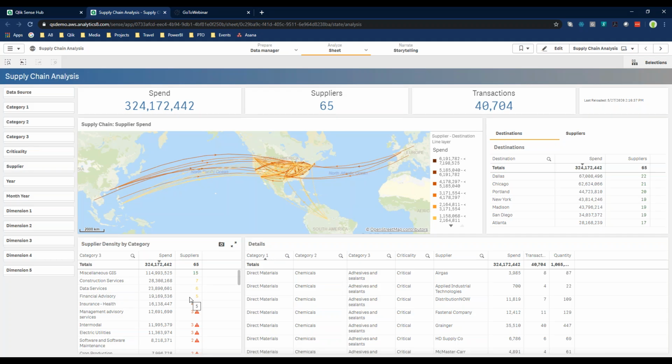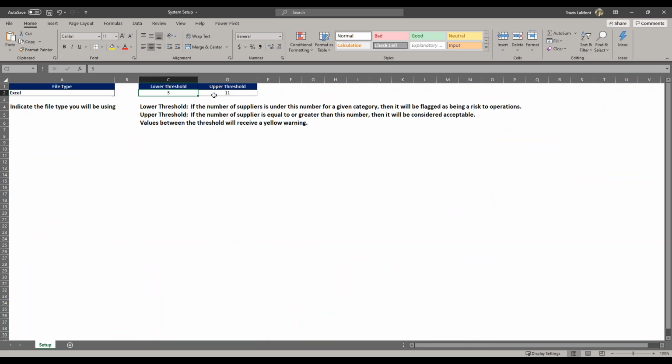The thresholds I set up were 5 and 10. Anything below 5 suppliers, I considered a high risk for a given category. Anything over 10 suppliers in a given category, I considered low risk. So you're able to identify the different levels of risk for your organization.